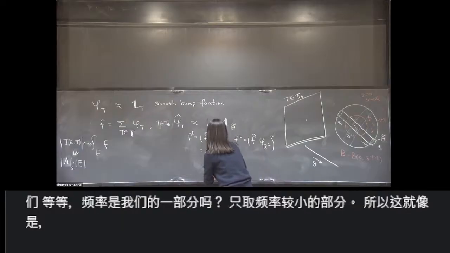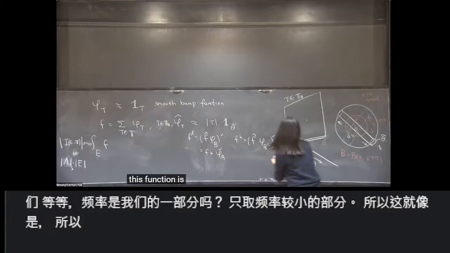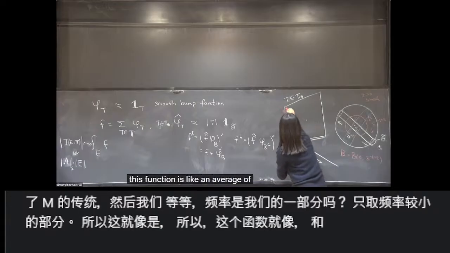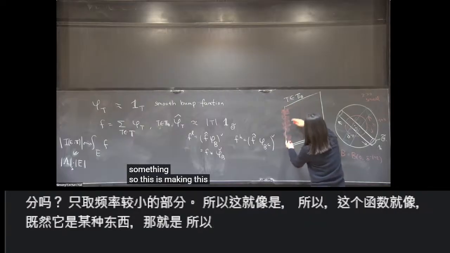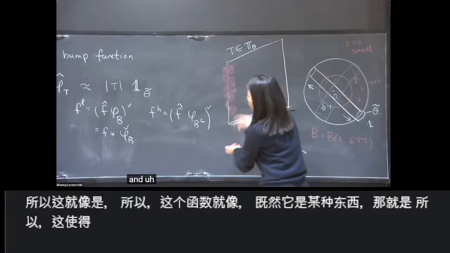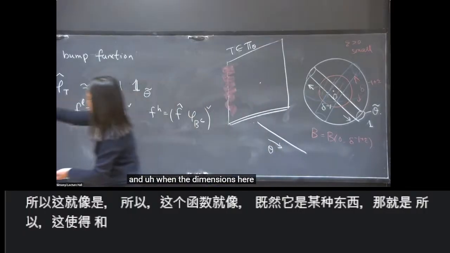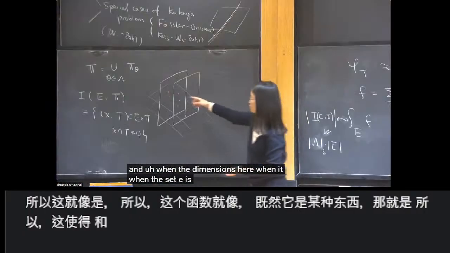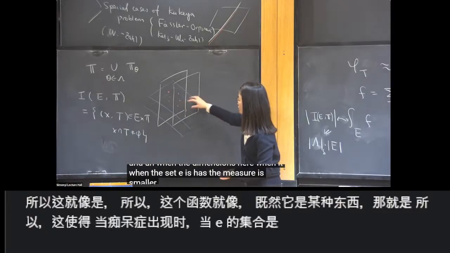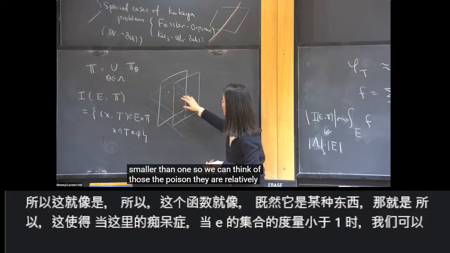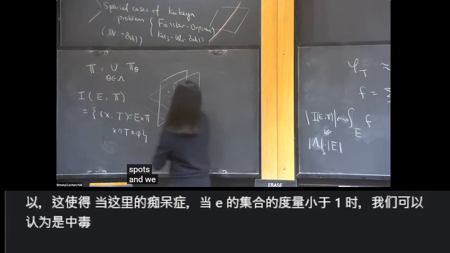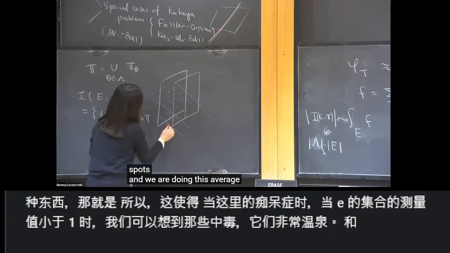This function is like an average of something that's thicker than theta. When the set E has dimension smaller than 1, the points in E are relatively sparse, and we are doing this average.